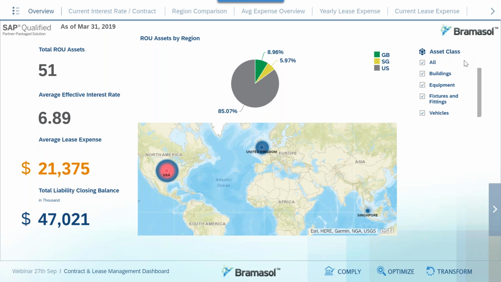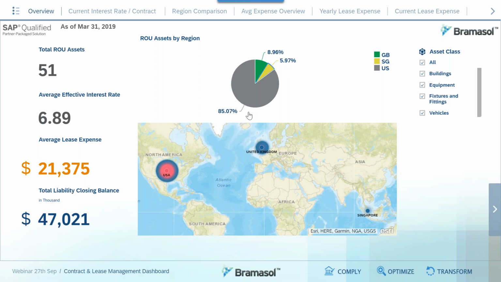We are also seeing all of our asset classes: buildings, equipment, fixtures and fittings, and vehicles. We're seeing the average effective interest rate, again for all asset classes globally, the average lease expense, and then the total liability. So this is a great 360 view, all regions, all asset classes.